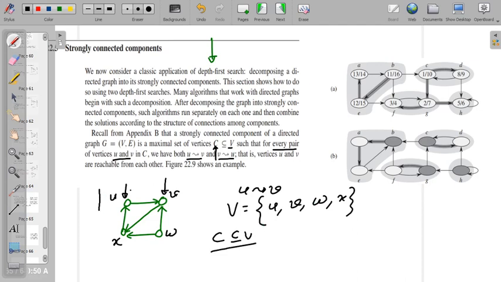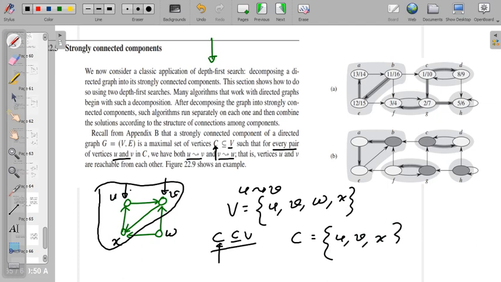Say I am taking this portion of the graph, and that is consisting of this C. C is here. We are having u, v, and x. So these vertices I am having as C, and this is our V. So C is a subset of these vertices V. Okay, I think it is clear.